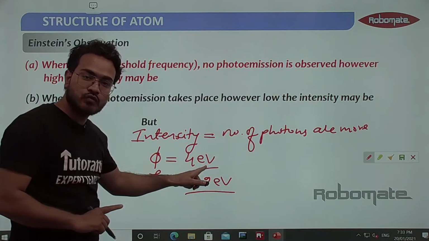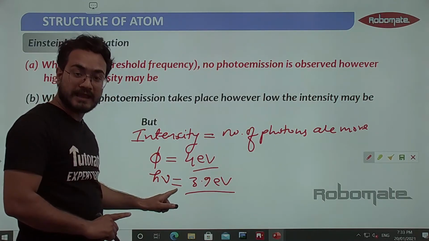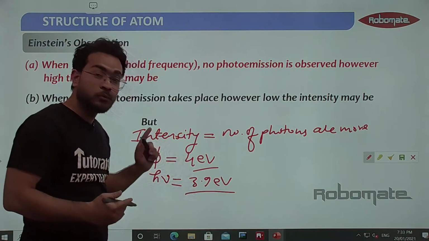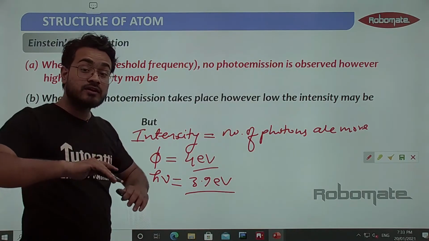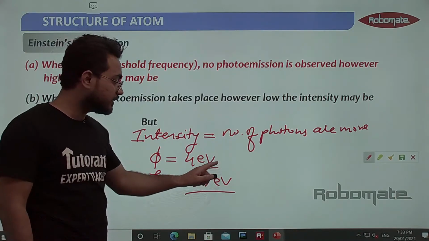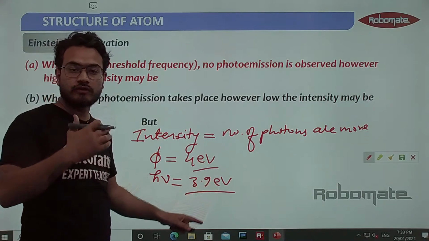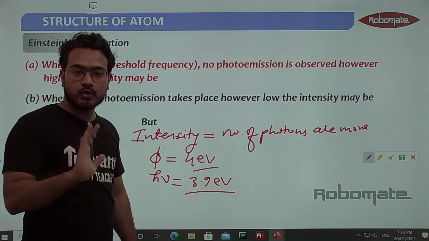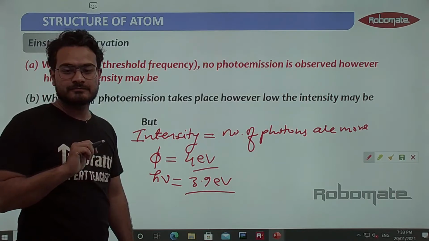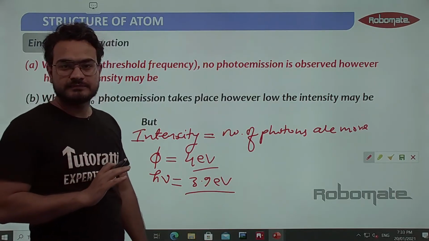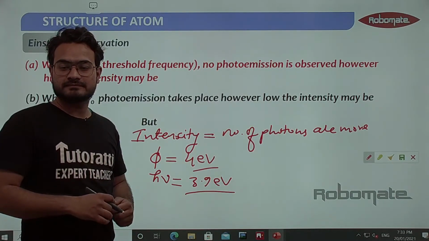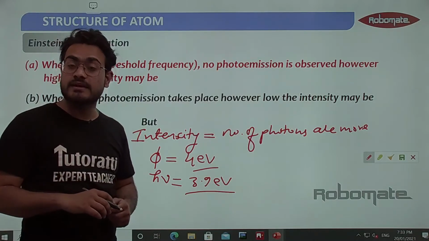Work function is 4 electron volt. The energy of photon that I am supplying is 3.9 electron volt, and I have quadrupled the intensity. Will the electron come out or not? Tell me. Yes, you are quite right, Sarthak.